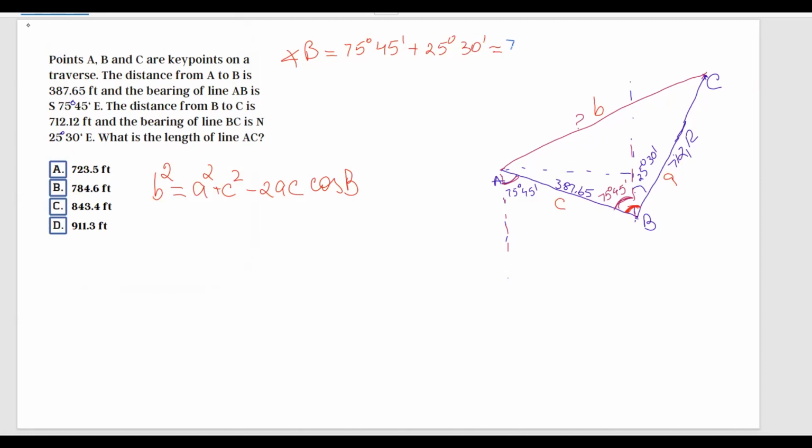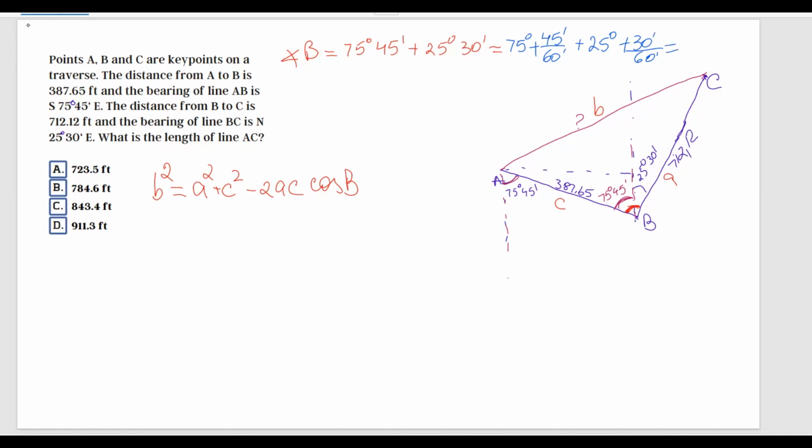This is 75 degrees plus 45 minutes divided by 60, plus 25 degrees plus 30 divided by 60.